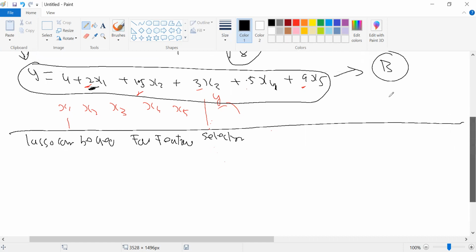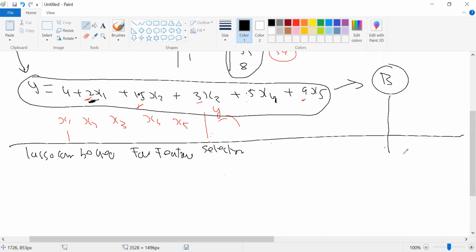Now, suppose this equation B we wrote like this. I use some methodology and I am able to write this equation something like this.